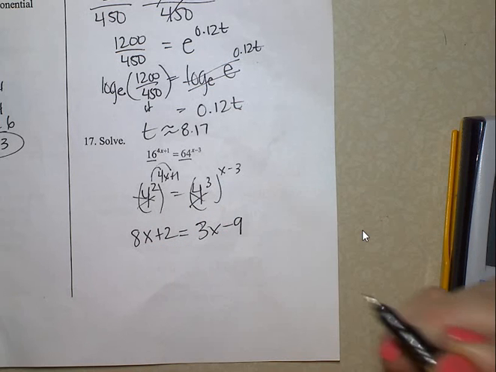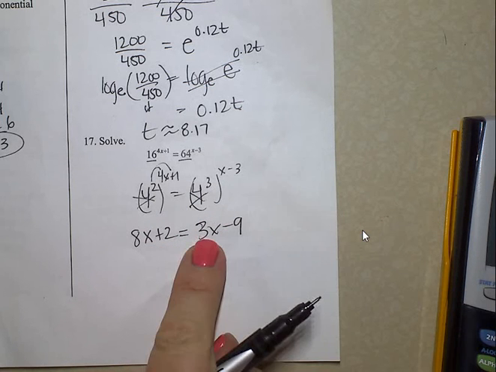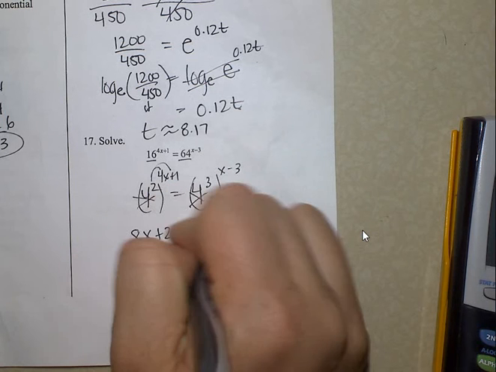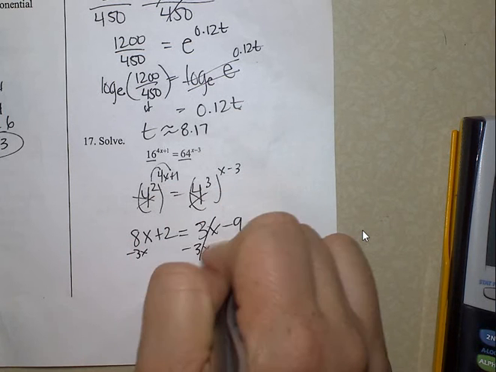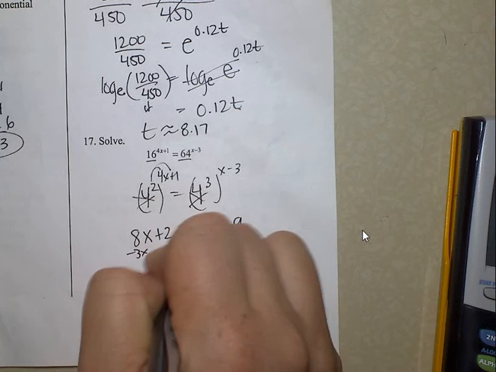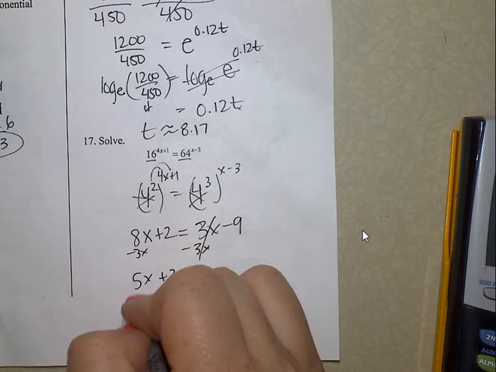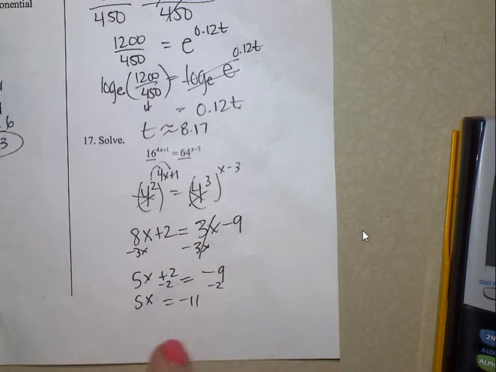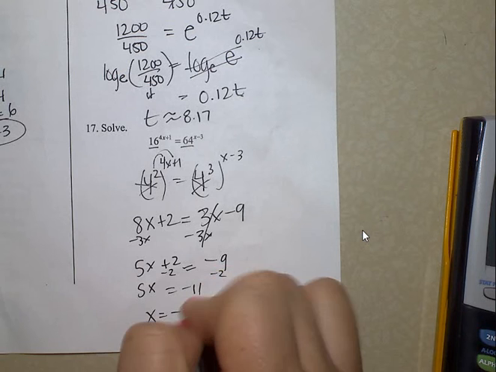Now I want to solve for x. I'm going to choose to move this x over. Opposite of positive 3 is negative 3x. Move the 2 over to the opposite side. Opposite of positive 2 is negative 2. And divide by 5 to get negative 11 fifths.